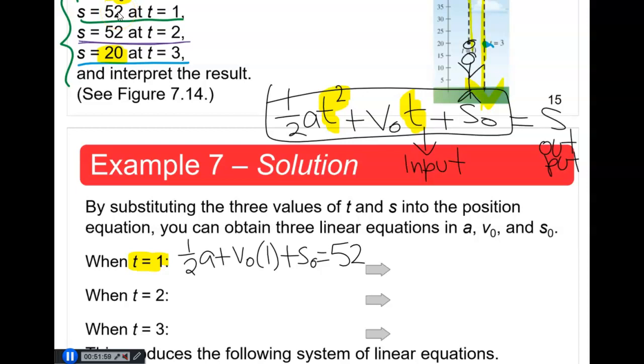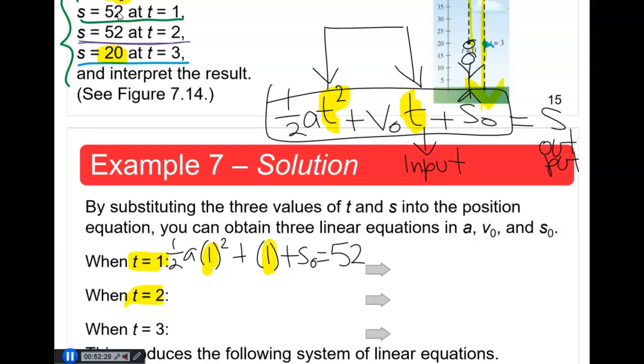Then for our second equation, now we're going to substitute T with a 2. So here, oh, and I'm missing another one. So it's 1/2 A and then 1 squared. We have to substitute it in both, where the T squared is and where the T is. So here and here.